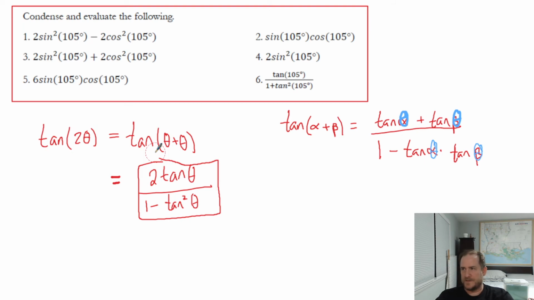And anyway, so now looking at problem number 6, we can see that the only thing missing from here is a factor of 2 in the numerator. And again, I can bring in a factor of 2 by just multiplying by 2 and then canceling that 2 out by also multiplying by a half.